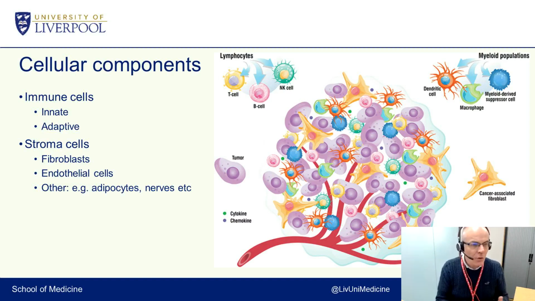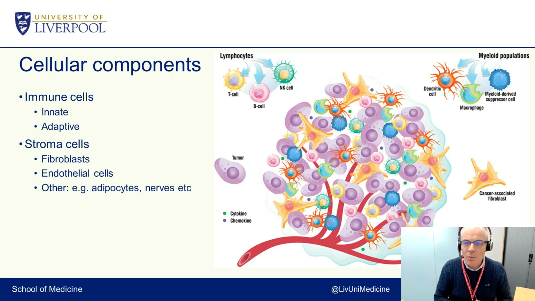And then there are cells from the adaptive immune response. Now, those which are particularly specific, responding to a particular antigen, and these are particularly T cells and B cells, and to some extent natural killer cells, although they probably sit in the middle between the innate and the adaptive immune response. So there is a rich immune component to the cellular part of the tumour microenvironment.